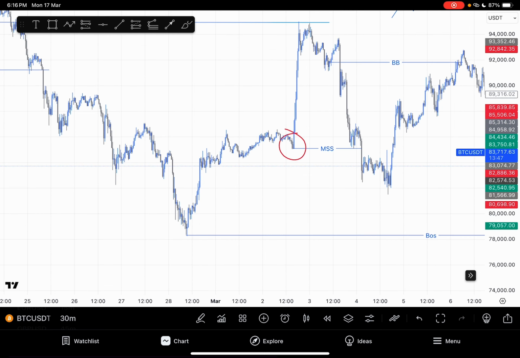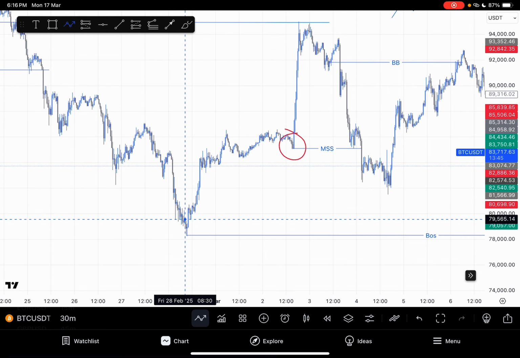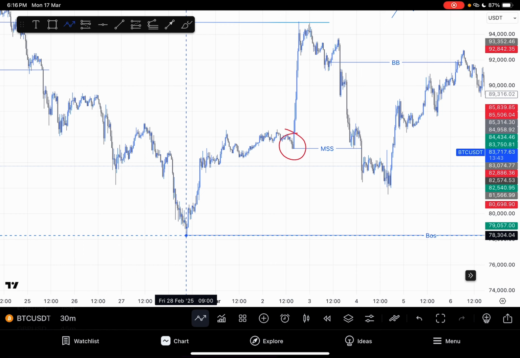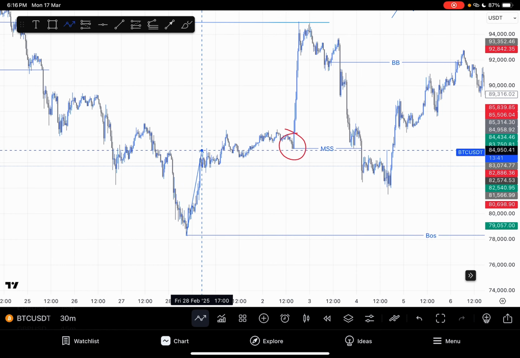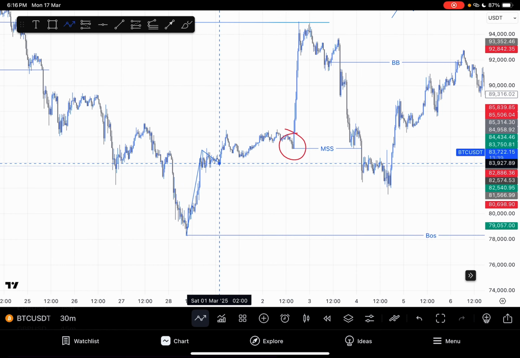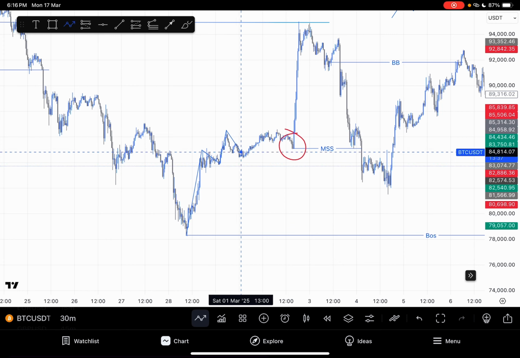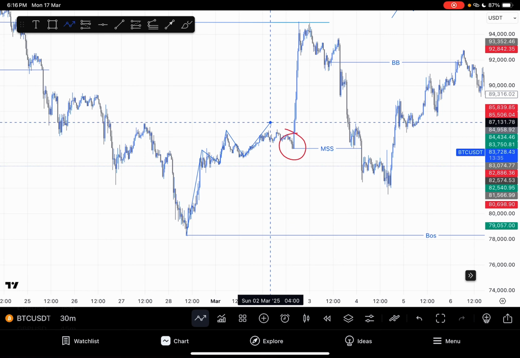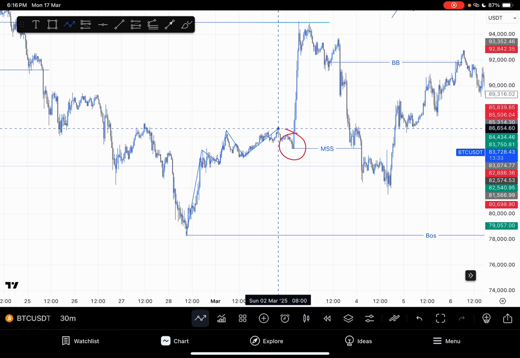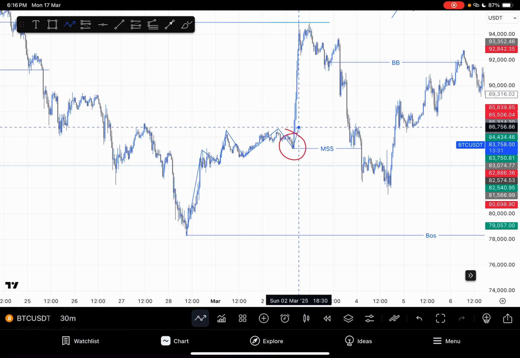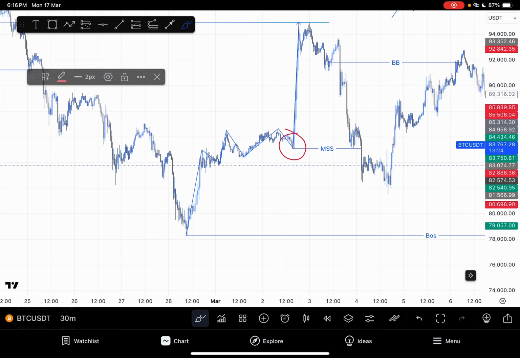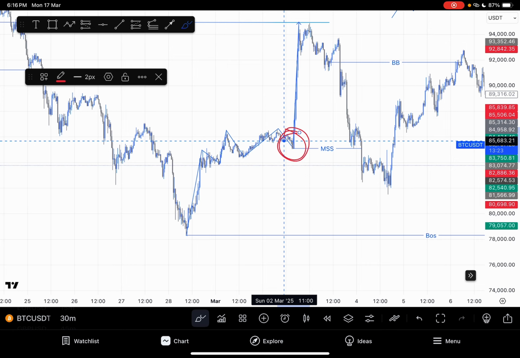So you see now from this point here, price was creating multiple break of structure to the upside, to this point here. And from this thing here, you can see this was the previous low that price created.